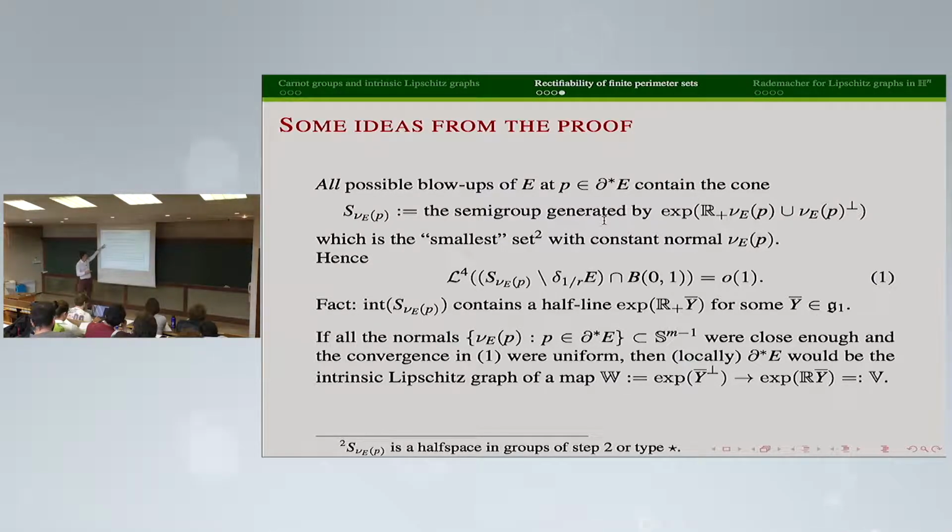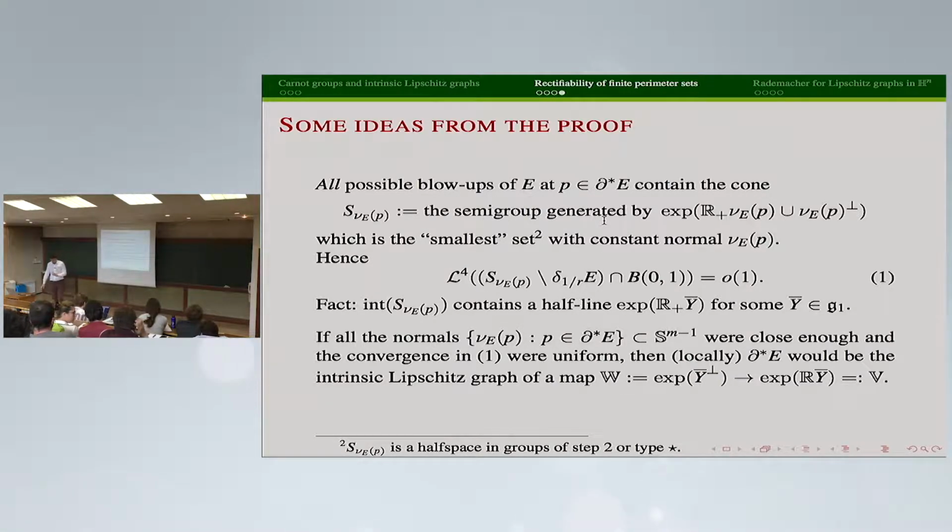And if it doesn't vary too much, you can imagine that there is a fixed direction, y bar, which is horizontal and contained in the interior of all the possible semi-groups associated to all the possible normals. So assume that all the normals are close to one another. And assume that this convergence is uniform in P.